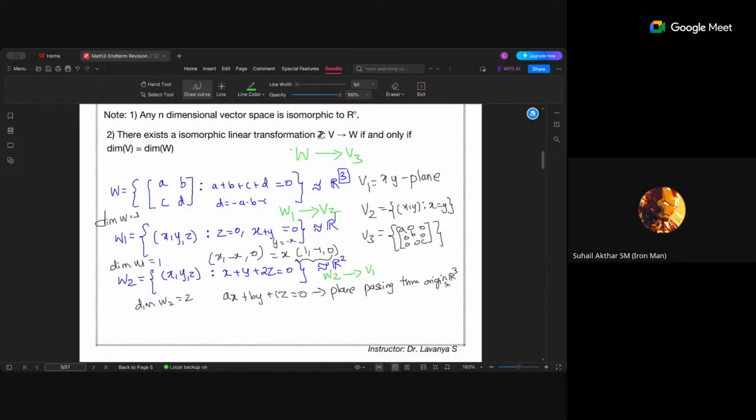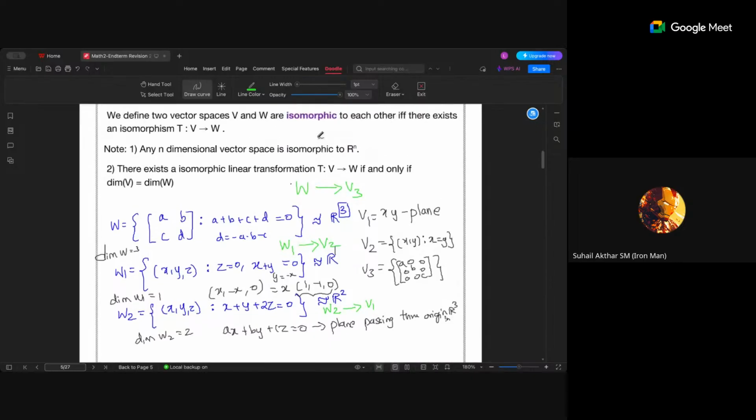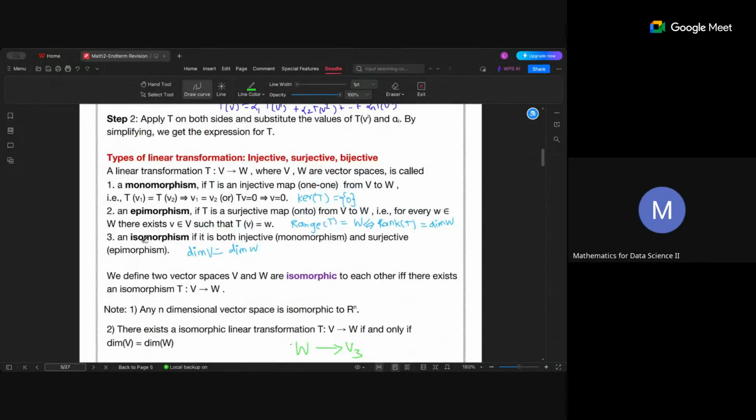See, what is the definition of isomorphism? Two spaces are said to be isomorphic if and only if there exists an isomorphism T from V to W. Here, there exists an isomorphism from V to W, so it means that V and W are isomorphic, right?